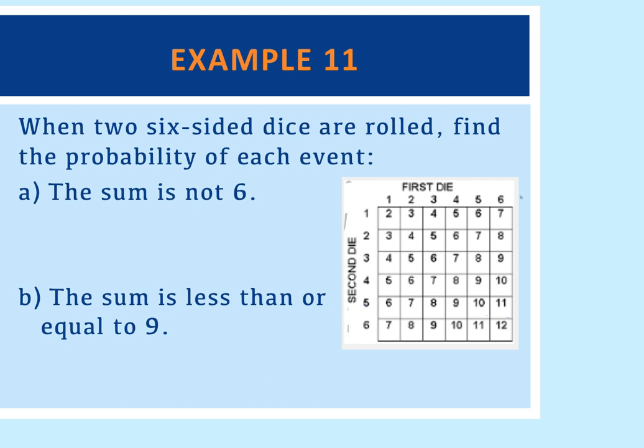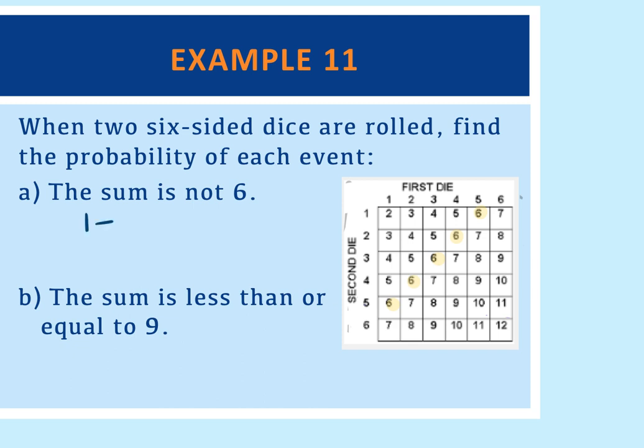Well, it says, first of all, two six-sided die are rolled. Find the probability of each event. The sum of those two sides is not 6. Well, if I look at this graph, that's 1, 2, 3, 4, 5. There are 5 times that it is 6. But I'd have to count all the other times that it's not 6. So the complement idea is, instead of looking at when it's not 6, look at when it's 6 and then subtract it from 1.